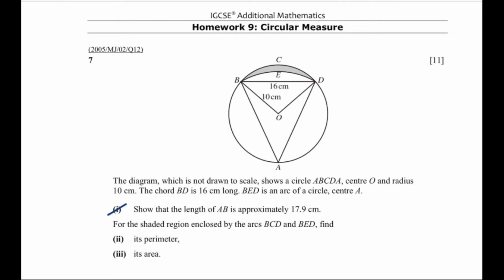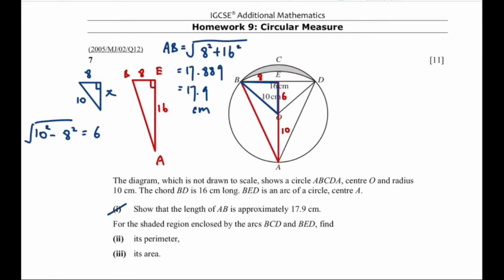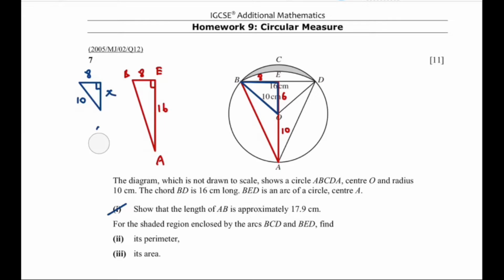In order to find the perimeter, we need to find the length of arcs BED and BCD. So just make use of the formula itself, meaning we need to figure out the angle here. In order to figure out the arc here, I need to know the angle here, so let's label this as theta.